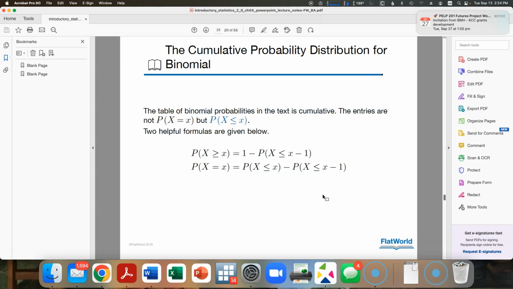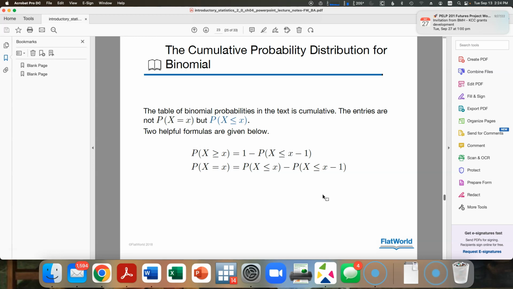Most good textbooks have a... sorry, I'm just looking here. If you look in the appendix or chapter 12 in the textbook, there you would see the cumulative binomial probabilities. So go to chapter 12 of the book and you should be able to see that.